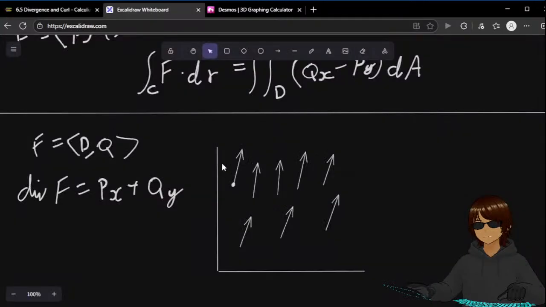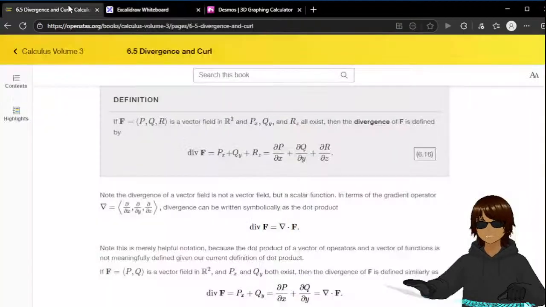So it's the sum of the change in the three directions, right?